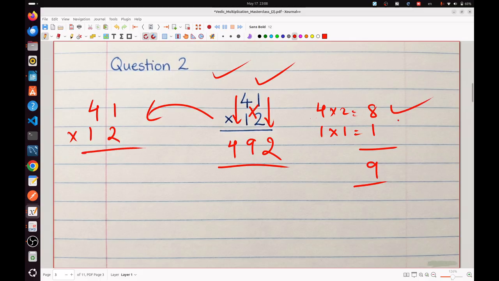Don't write all these things. Once you practice many more problems, you can directly solve like me. I solve it like this: 2 cross 1 is 2, 4 cross 2 is 8, 1 cross 1 is 1, 8 plus 1 is 9. I calculate it in my mind. Then the last step is 4 cross 1, 4, that is 492. Like this I calculate at speed.